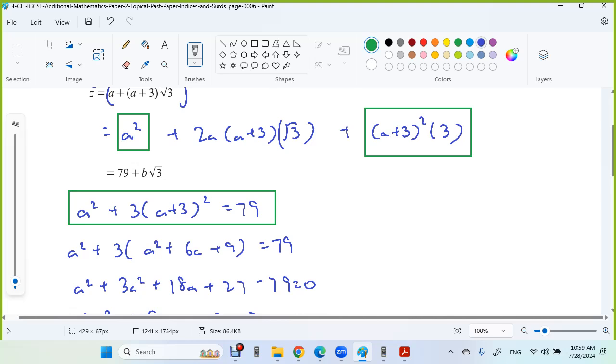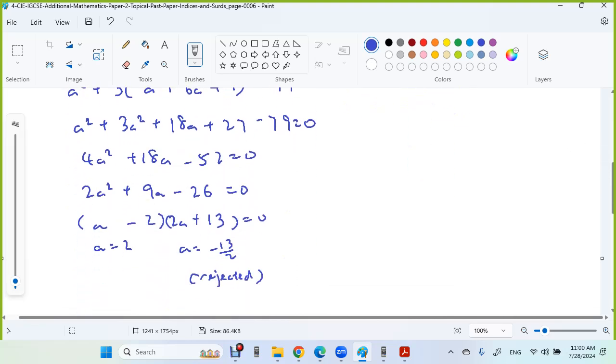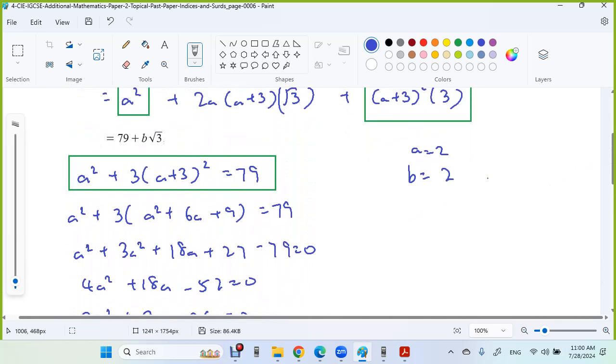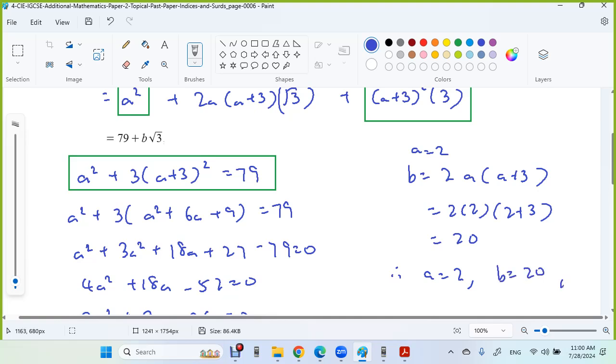And now we want to compare the coefficient of the square root 3. So the b is equal to the 2a plus 3. A is 2. A equal to 2. So 2a plus 3, 2 times 2 plus 3 is 5, 10, 20. Therefore, a equal to 2, b equal to 20. Okay.